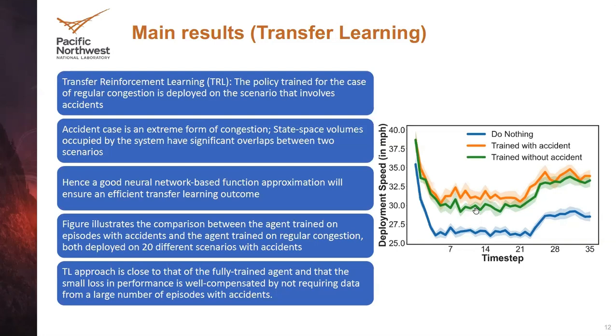But if you just train it on the regular congestion, it comes pretty close to the one that was trained with the accident. So in case of sparse data where you don't have a lot of accident data in the real world, you could actually use transfer learning, which is what we are able to demonstrate here.